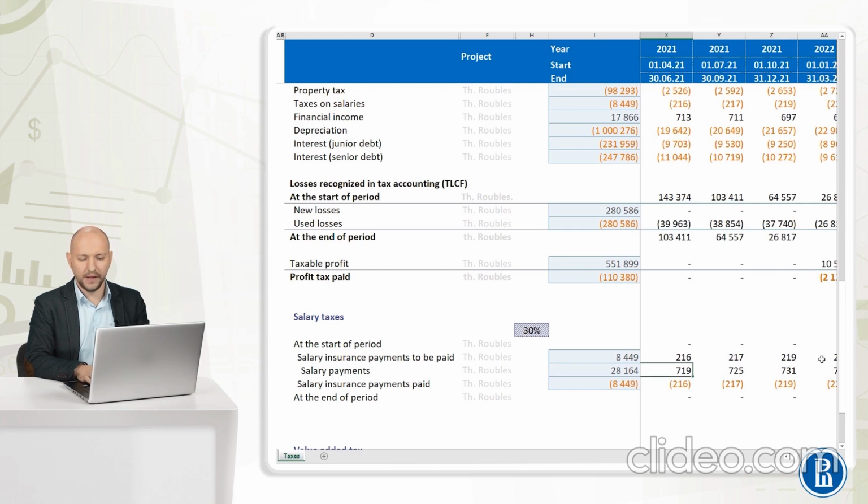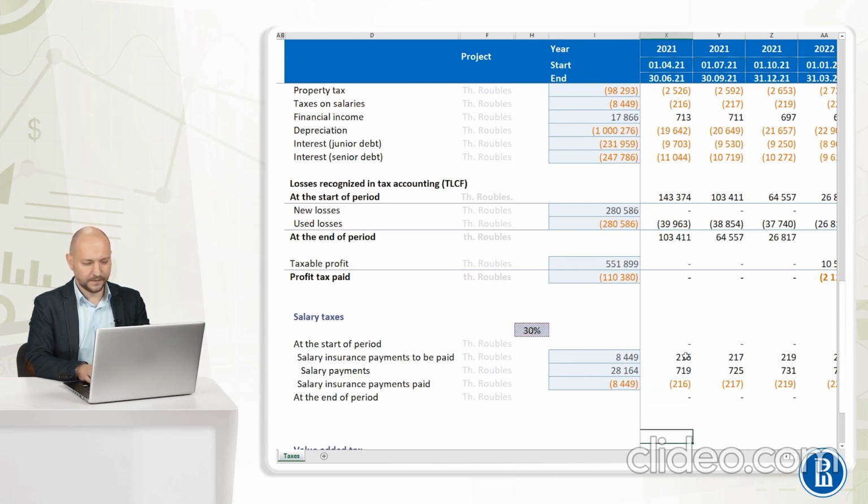So we have salary payments, and to calculate the salary insurance payment to be paid, we multiply salaries by the insurance tax rate, which is equal to 30%, and this way we get the amount of salary insurance payments to be paid.